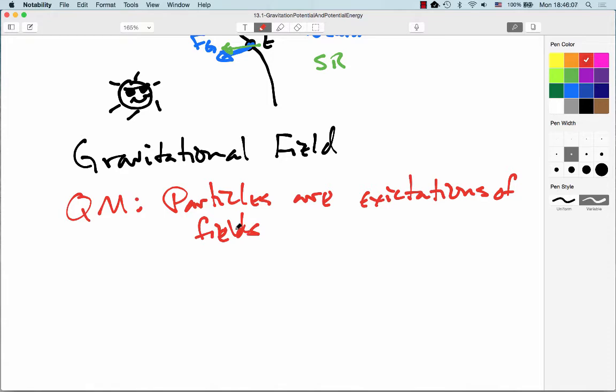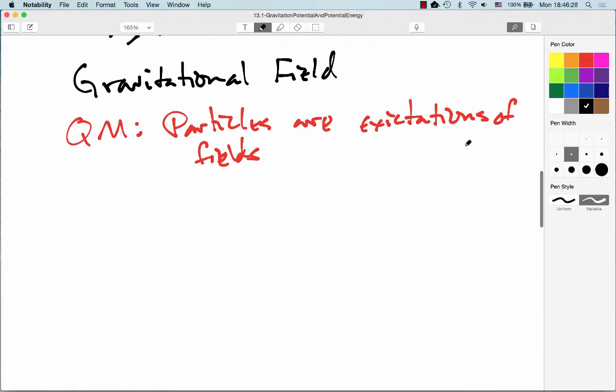And all particles, so an electron could be an excitation of an electron field, oversimplifying things there. And so it goes to say that we can also model an interaction as an exchange of particles.